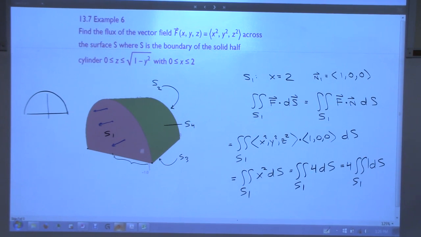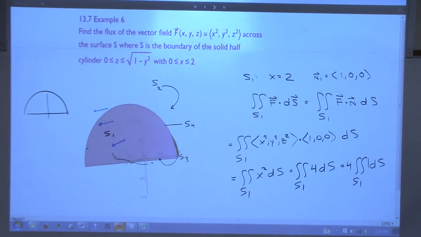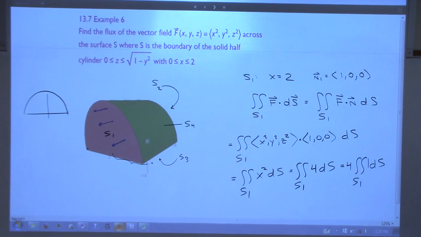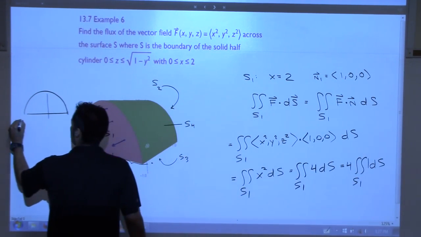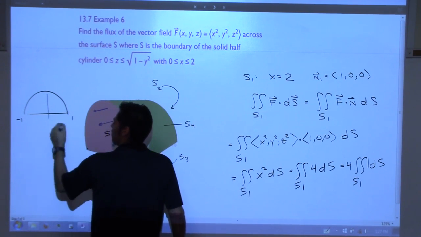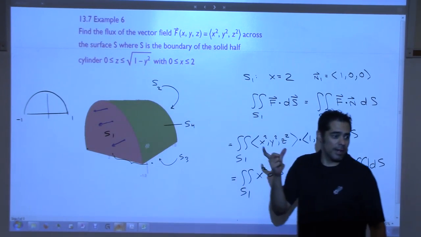I could turn it. I'm going to mess up all my stuff, though. Turn it that way. You can kind of see it that way a little bit. All right, so negative 1, 1, and that's my y value. But it doesn't matter. We know that the radius is 1.